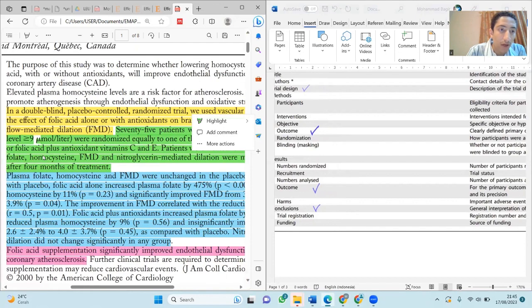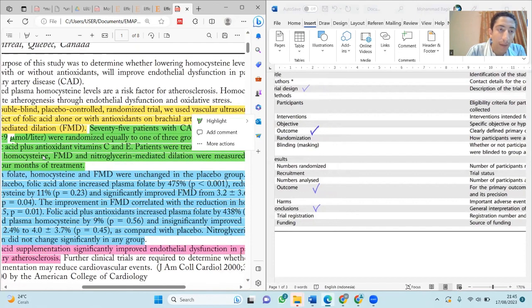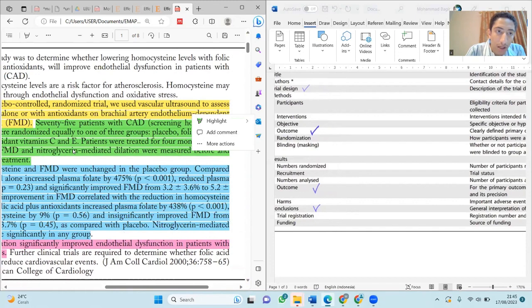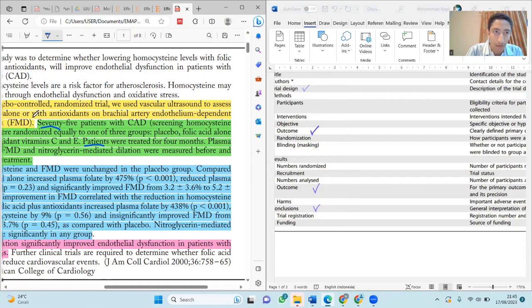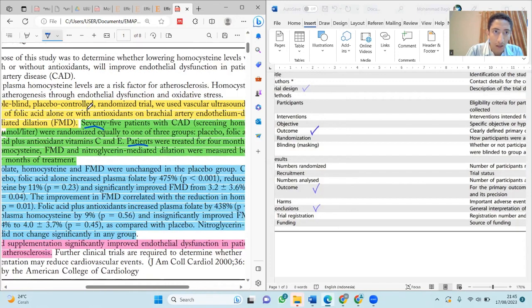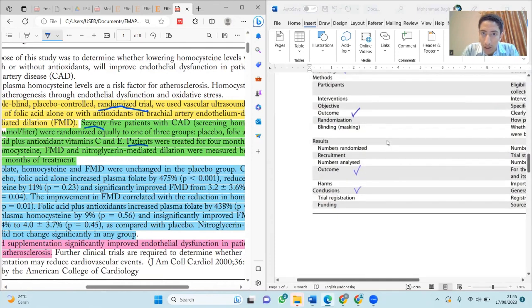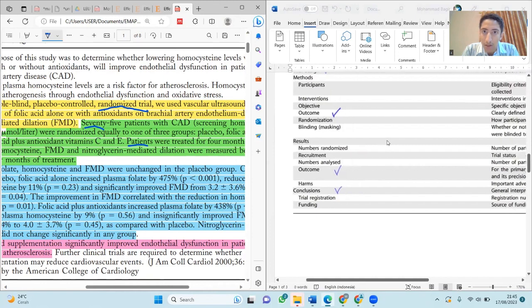Plasma folate, homocysteine, FMD and nitroglycerin-mediated dilation. This is the outcome, and this is the intervention, and these are the materials, design, and then the methods.